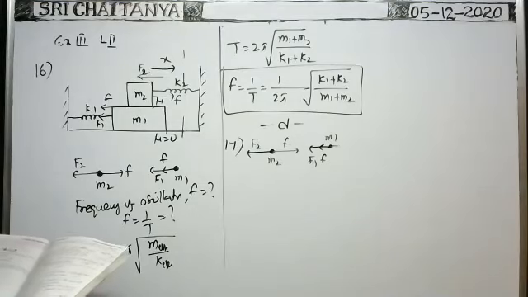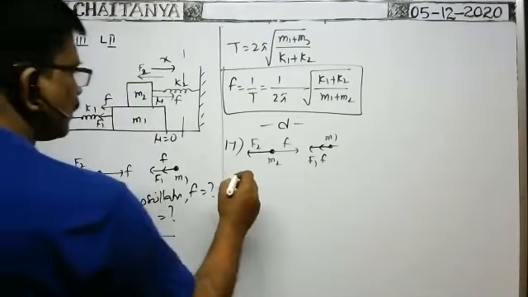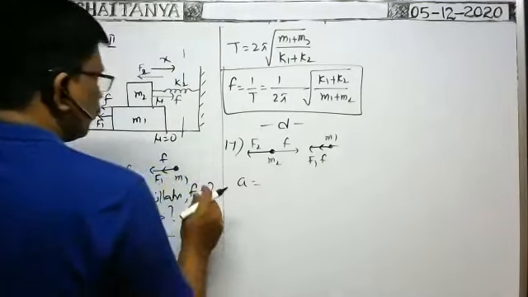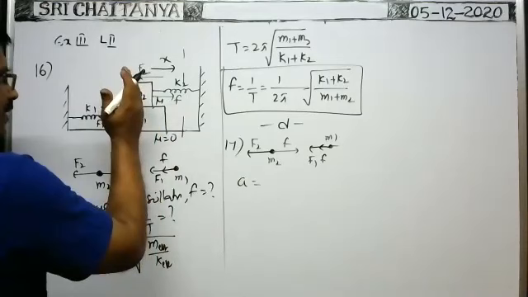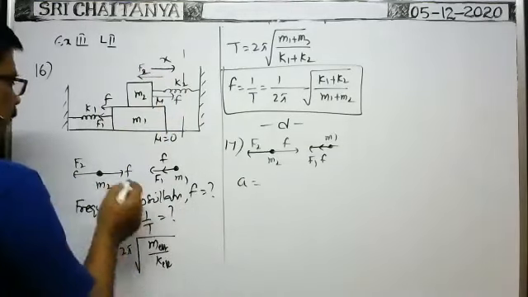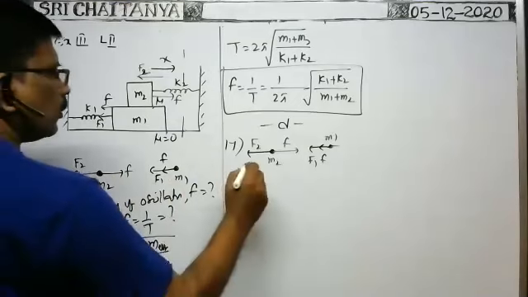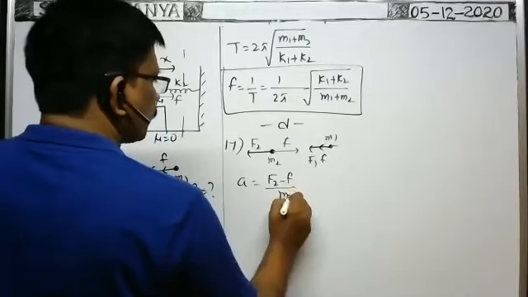Here they asked the relation between M1 and M2. Here, as the two blocks move together, the acceleration of the two blocks is the same at any instant. Suppose at a certain instant, whenever the system is displaced to a distance x, then the net force acting on this block is F2 minus F, by mass M2.